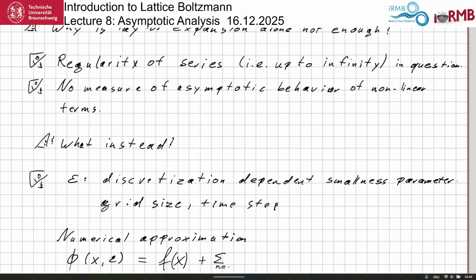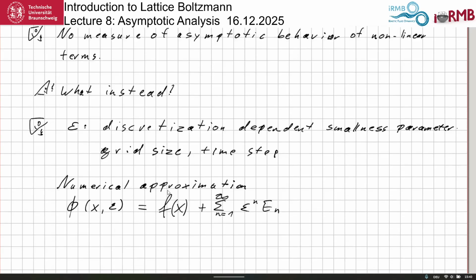And our assumption, which may not always be true, is that we can make a series expansion of this error in the smallness parameter epsilon, with constants. So we have here the approximation, we have here the true function that we want to evaluate, and we have a series expansion of the error.